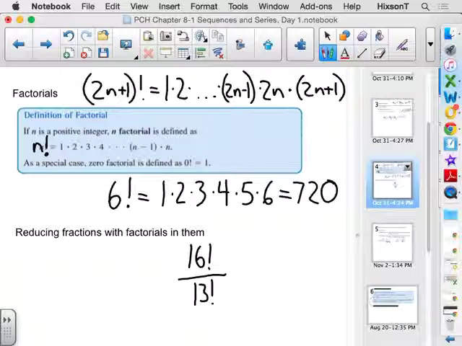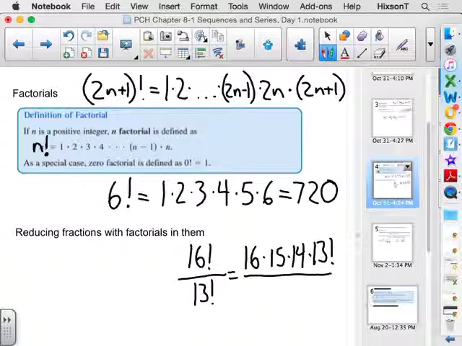I can cross out the factors that are in common, right? Because these are multiplication. So if we expand this factorial out, it's 16 times 15 times 14 times 13, 12, 11, 10, and so on. What is all of the rest of it? 13 factorial.